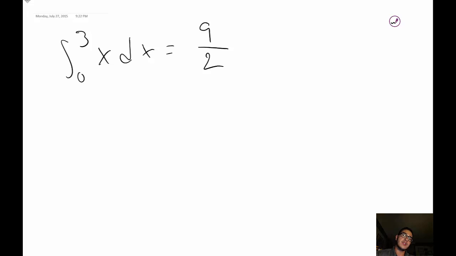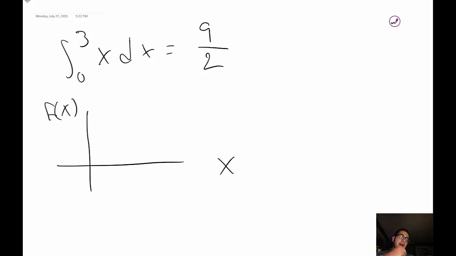Well, let's use this application by finding the area under the curve. So if you have x and y, or in this case we'll say x and f of x, because that's what we defined y as in this example. Here we have x.